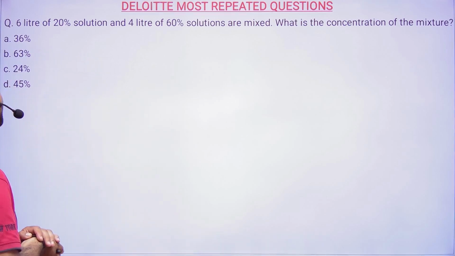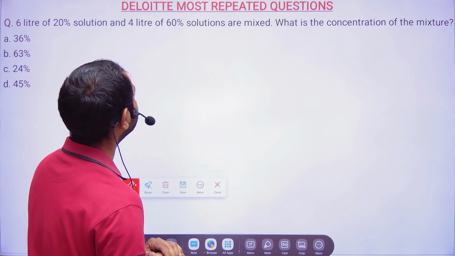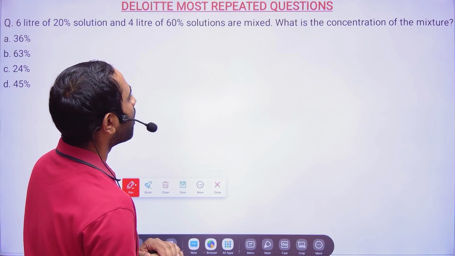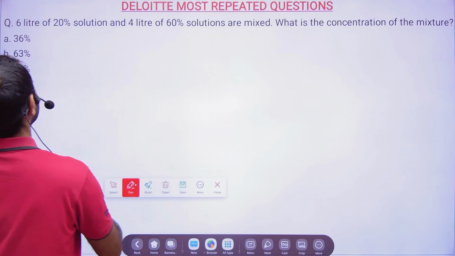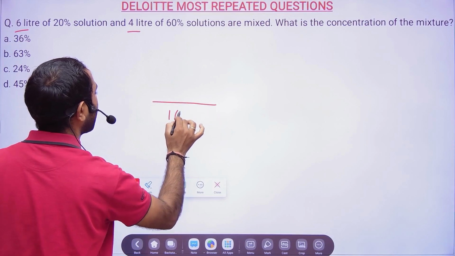6 liter of 20% solution and 4 liter of 60% solution are mixed. What is the concentration of the mixture? So friends, 6 liter and 4 liter, the total is 10 liter.